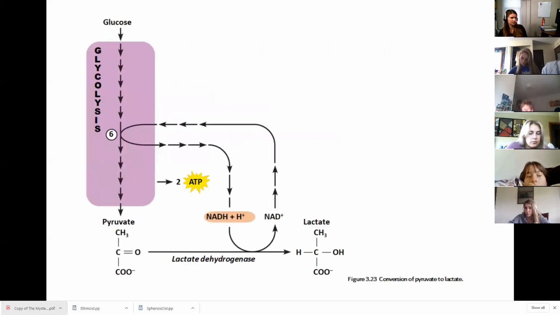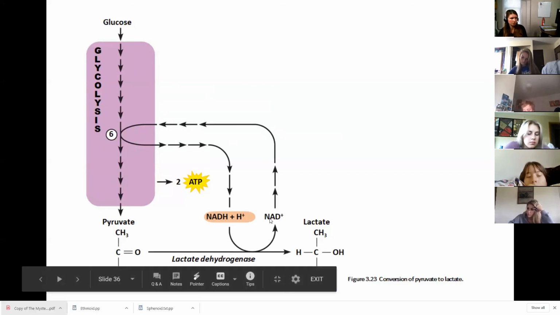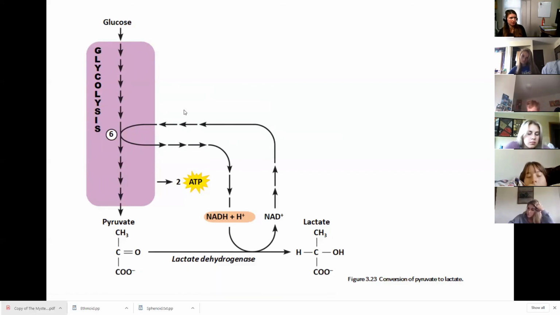So in this image, you can see our glycolysis happening out in the cytosol the way it normally would. So we're putting in glucose, we're getting pyruvate, we're using NAD in this process. That's just part of how glycolysis works in those 10 steps.